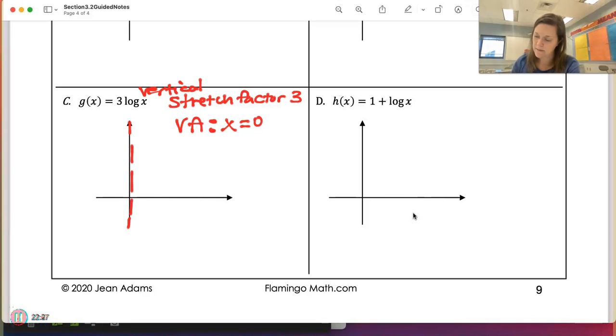My x-intercept at (1, 0) is not changing. Now let's get another point. I'm picking 10 because I have a base 10, and I know that log base 10 of 10 is 1. So on my graph, I'm going to have something like (10, 3).